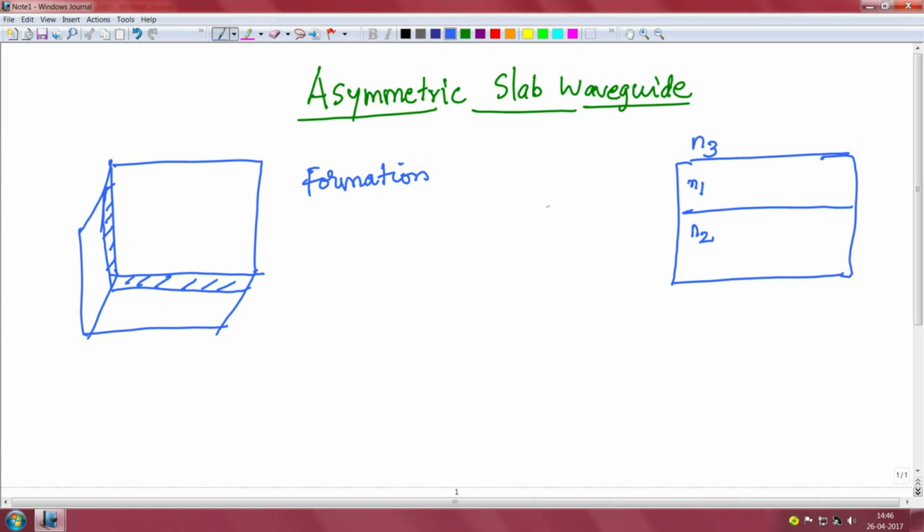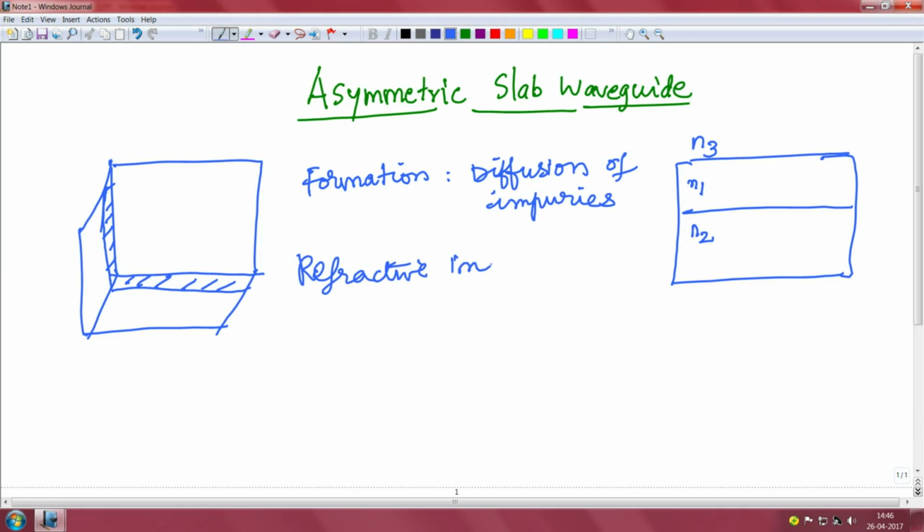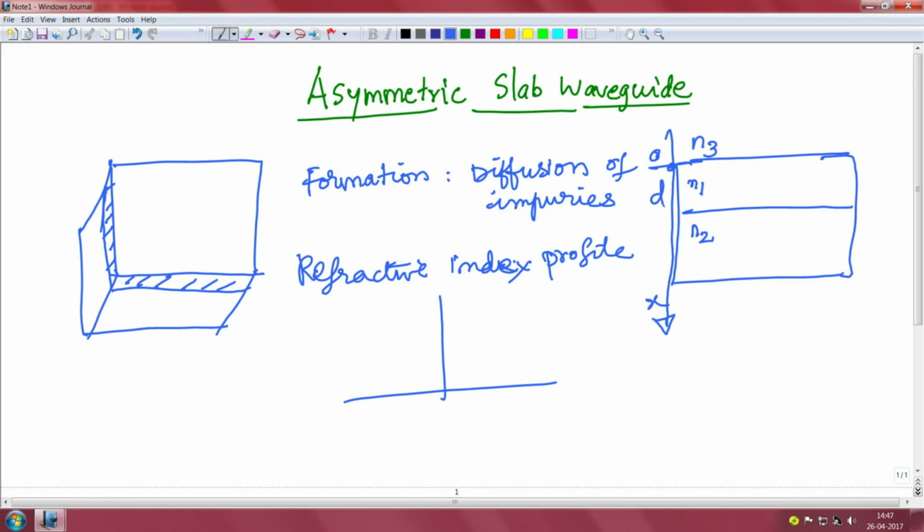Also, we are considering only the step refractive index profile. So, the refractive index profile of an asymmetric slab looks like this. I would now put the coordinate axis, and I will take the positive x axis down, with this point as 0 and the depth as small d.